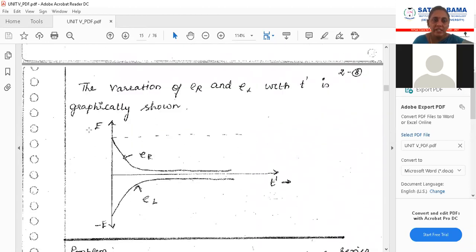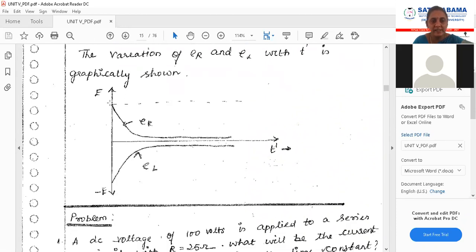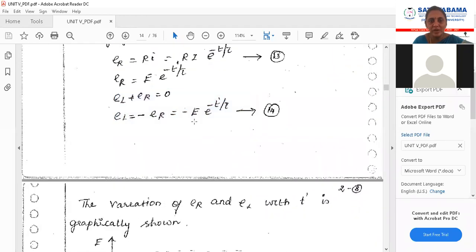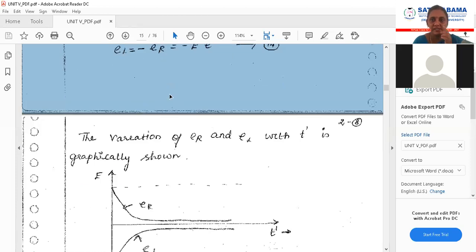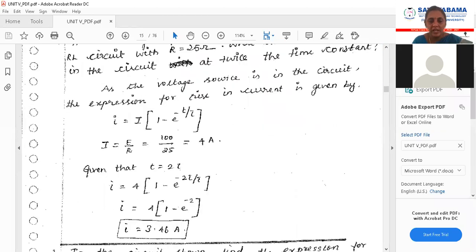So plotting, you will get the graph as for resistance, it will be discharging on the positive side, and for inductance it will be on the negative side, because if you see the equation, you have a minus here, but here you have a plus. This is the difference. Okay, I hope this is clear, right? We will now go to a problem.